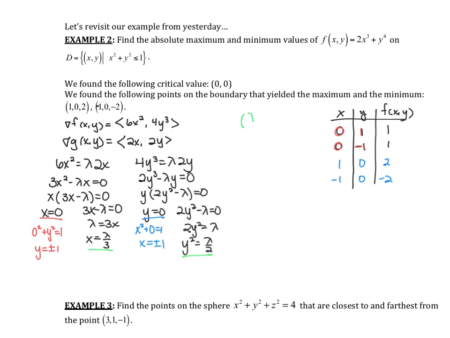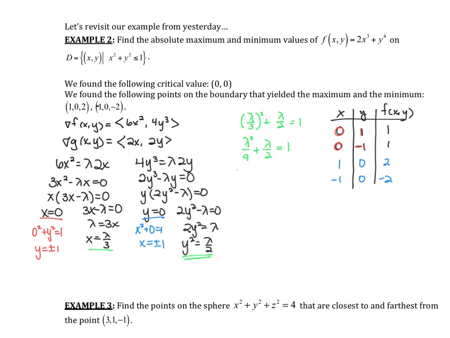So here we have lambda over 3 x squared plus y squared. Well, I already know what y squared is. I know it's lambda over 2. Notice we didn't solve for y in this problem. We just solved for y squared. And that's going to equal 1. So we get lambda squared over 9 plus lambda over 2 equals 1.